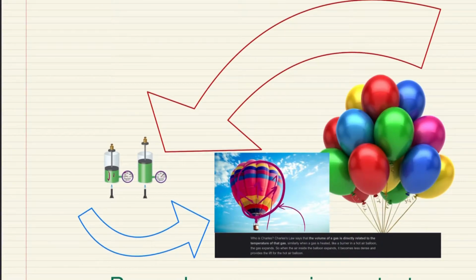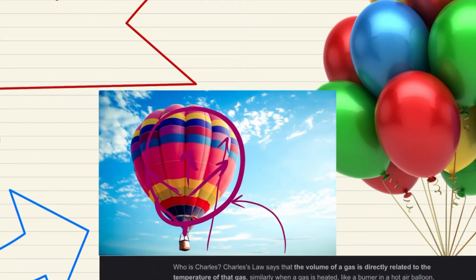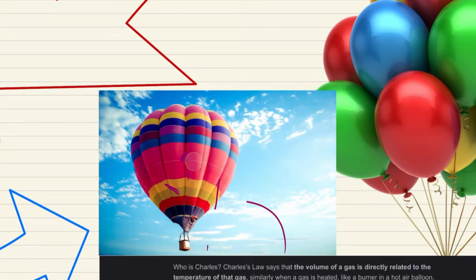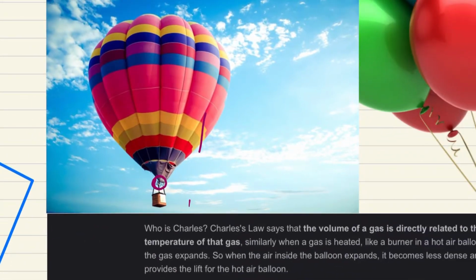So we have an example here. We have some balloons and a hot air balloon. What does this really mean? I use these as an example because the functionality of balloons and a hot air balloon is because of the relationship between volume and temperature. Remember, in this hot air balloon, there is a flame or some type of torch that blows into the balloon, thus expanding it, right?